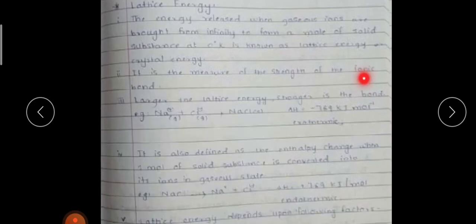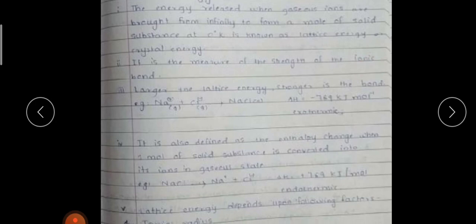It is also defined as the enthalpy change when 1 mole of the solid substance is converted into its ions in the gaseous state. Lattice energy has another definition: the enthalpy change when 1 mole of this particular solid substance is converted into its ions in the gaseous state.